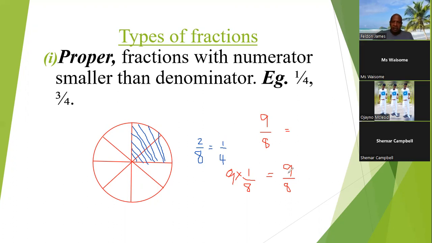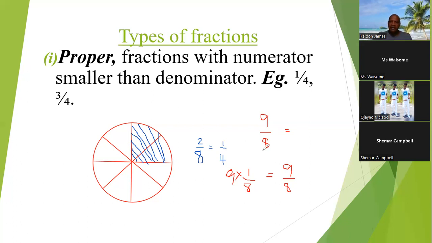So if you consider this portion, we call it an improper fraction. Now back to what Ms. Wilson was saying about improper fractions, we realize that if we are to get 1 whole out of 9 out of 8, we see that the denominator tells you how many slices the whole pizza should have. The pizza should have how many slices? 8 slices in total. So 1 whole pizza has 8 slices.